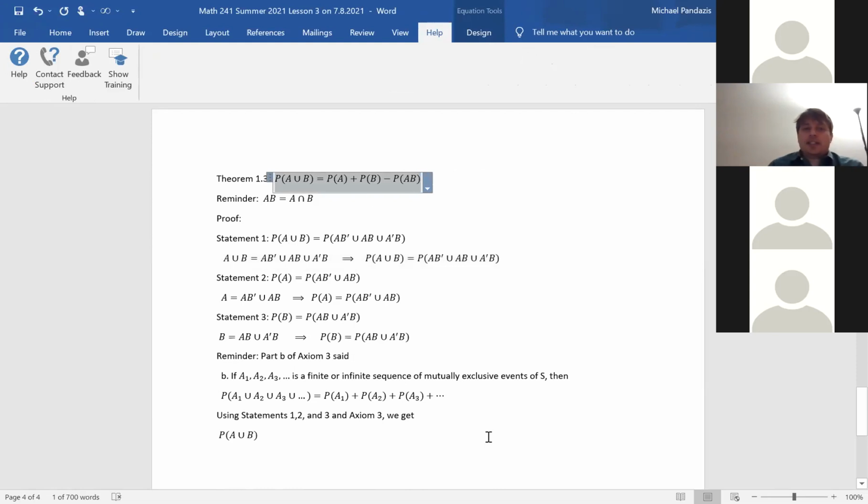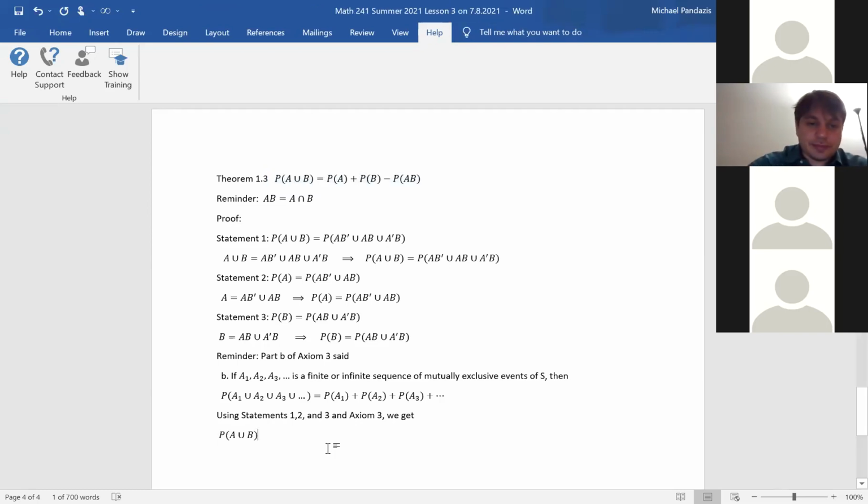So we're starting with P of A union B because it's the left-hand side of this equation, and the goal is to say this is equal to the right-hand side of the equation. Okay, so first you have that P of A union B is equal to P of this. And this is by statement 1. Statement 1 tells you this equals this.